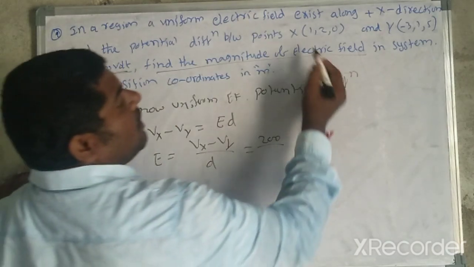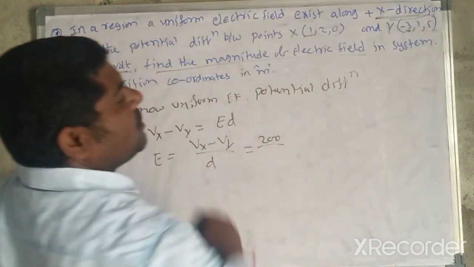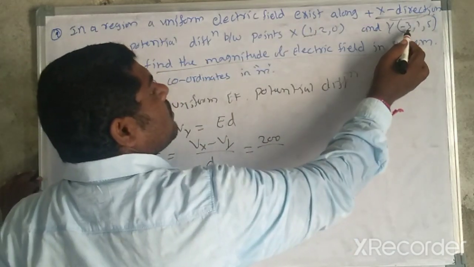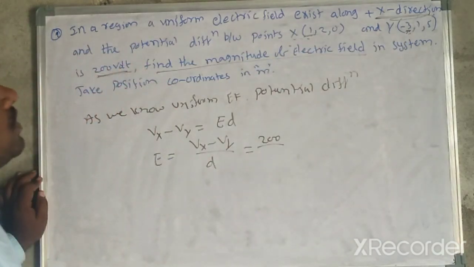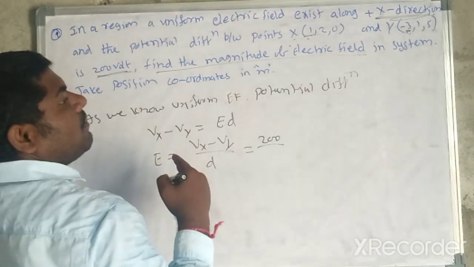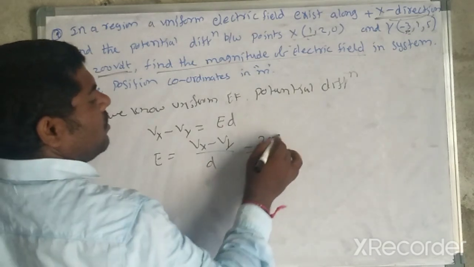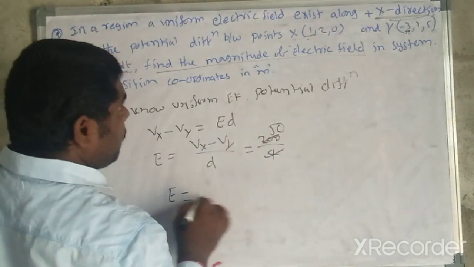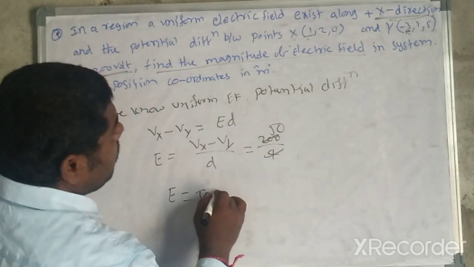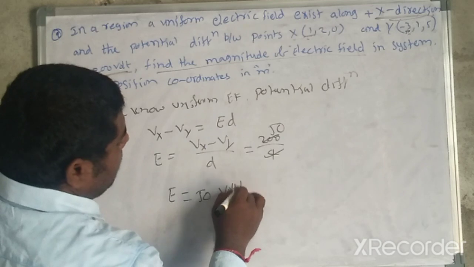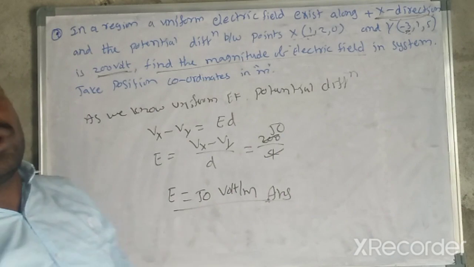Here d is the distance along the x direction, since they are asking only about the x direction. That distance is 1 minus of minus 3, which is 4. So 200 by 4 is 50. The magnitude of the electric field in this system is 50 volt per meter. This is the answer to the question.